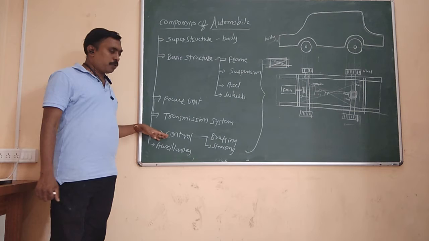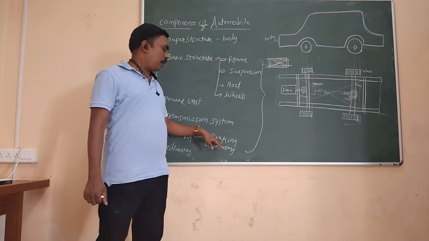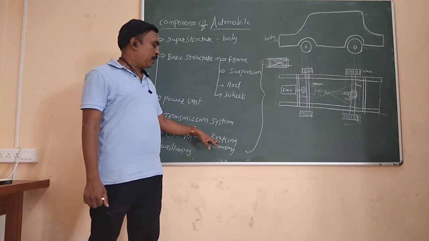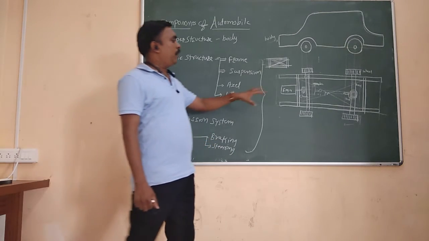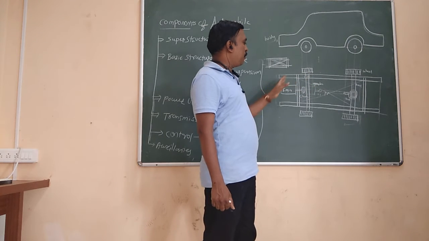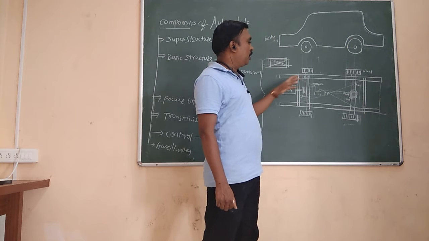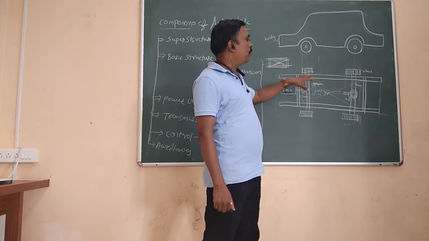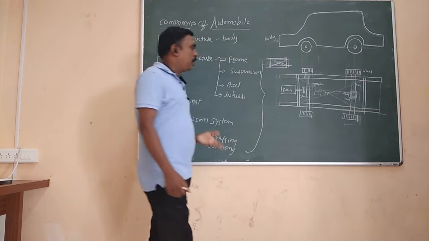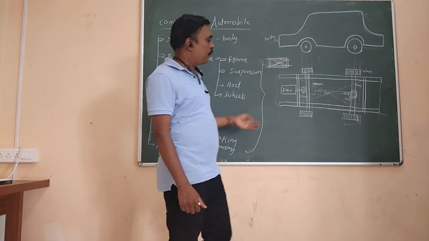Then the control portion or control unit, under which we have two important parts, that is braking and steering. This whole vehicle needs to be controlled, and the control is done by the steering. Suppose I want to move this vehicle to the right hand side or left hand side of the straight, it is done by the steering system. And if you want to control the speed or to stop the vehicle, we need braking.